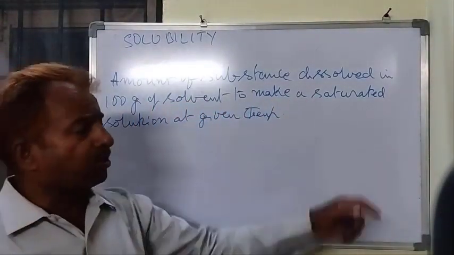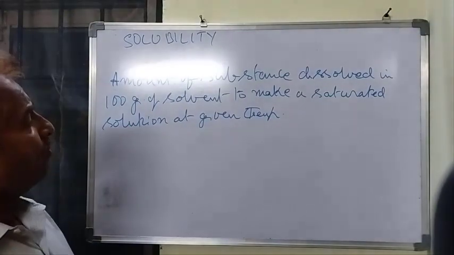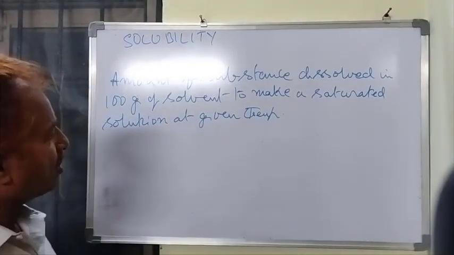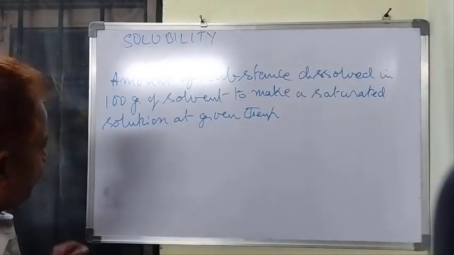The amount of substance dissolved in 100 grams of solvent to make a saturated solution at a given temperature is referred to as the solubility of that substance.